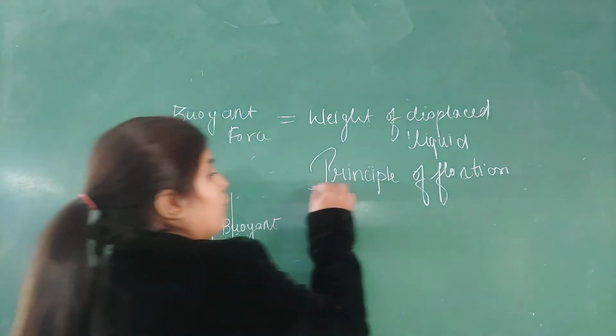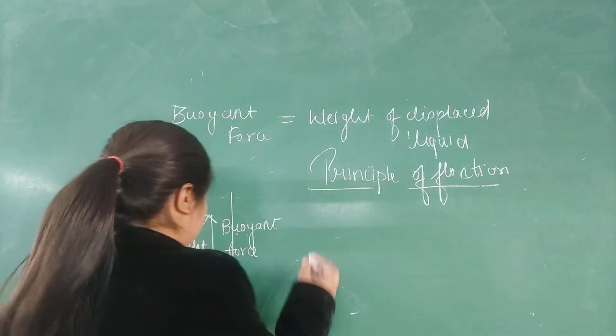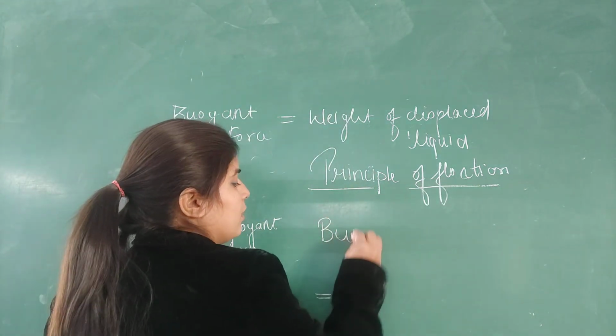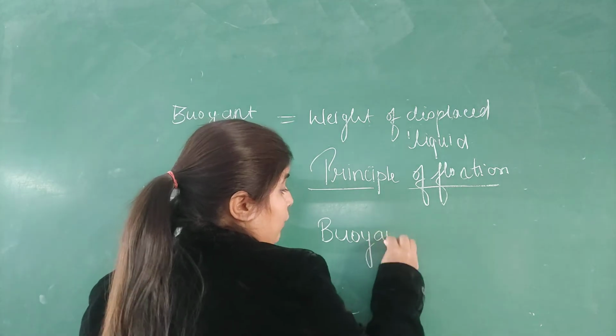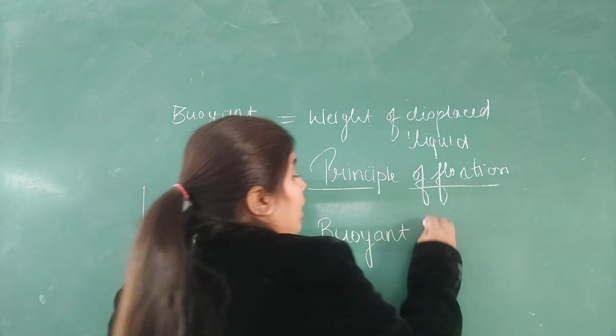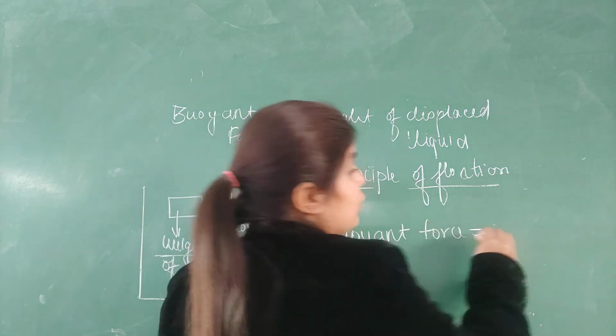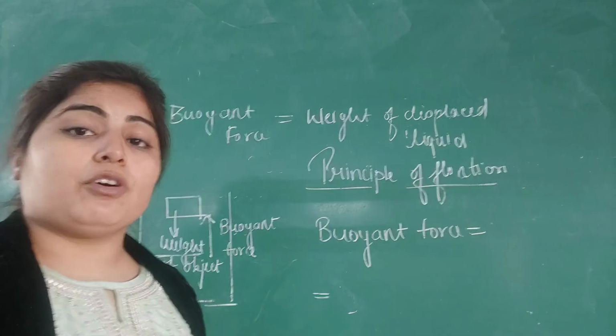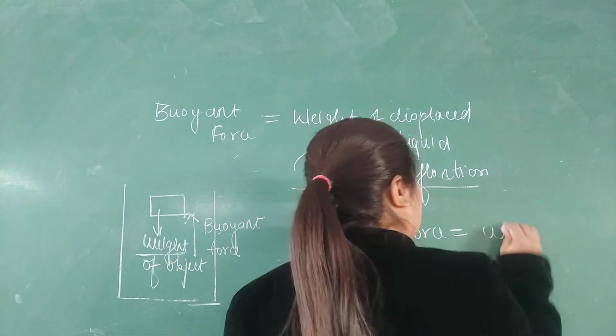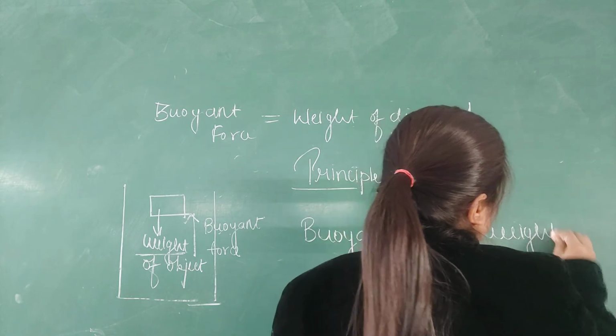So for flotation, the buoyant force, that is an upward force, is equal to the downward force. Which force is downward? That is the weight of the object. So the buoyant force should be equal to the weight of the object for flotation.